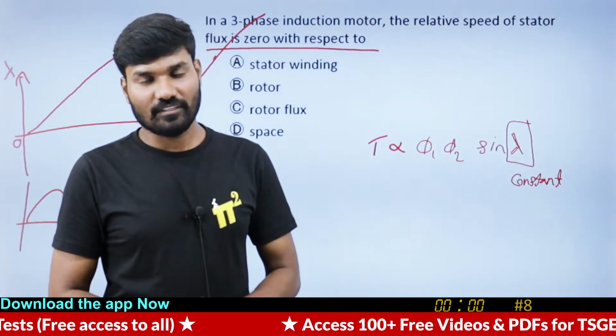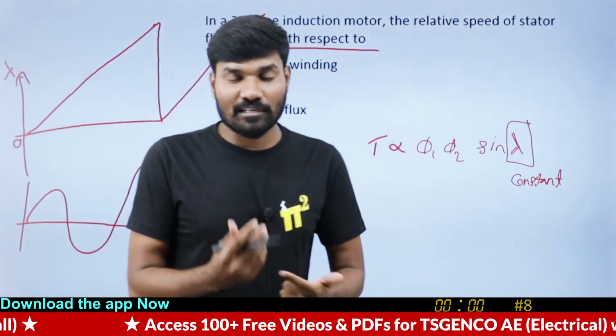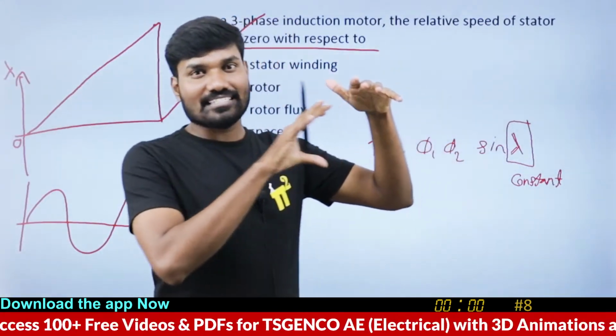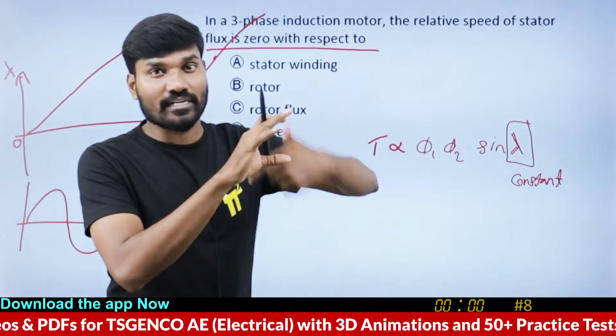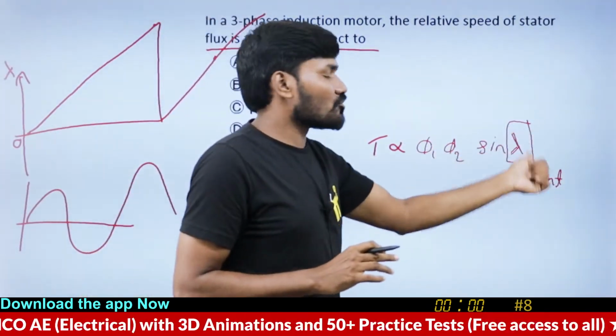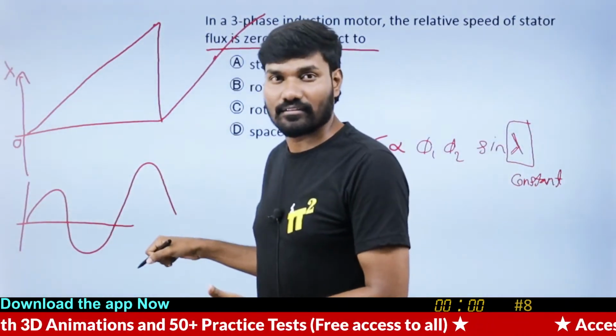And that's the reason why synchronous machines are not self-starting, because there your rotor field is a constant field. Stator flux is rotating at some high speed, synchronous speed. So the lambda is changing continuously. Hence the torque is like this.